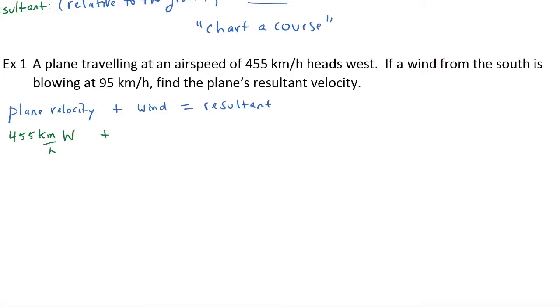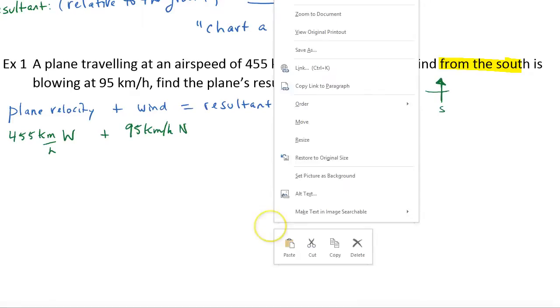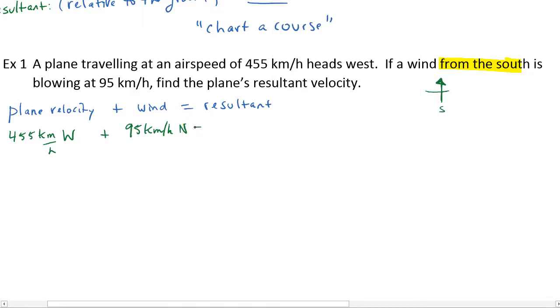If it's going from the south, then it's blowing you to the north. So you actually want to put in there 95 kilometers per hour north. Now our resultant is going to be equal to, we don't know.